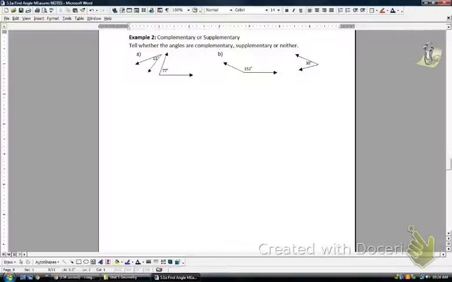Example 2 says complementary or supplementary. Tell whether the angles are complementary, supplementary, or neither. So in example A, we have an angle that's 13 degrees, and we have an angle that's 77 degrees. If we were to get our calculators and add 13 plus 77, we would see that it adds to 90 degrees. So these are complementary.